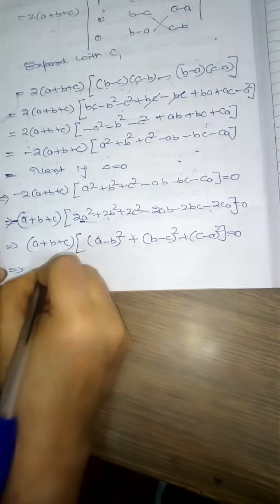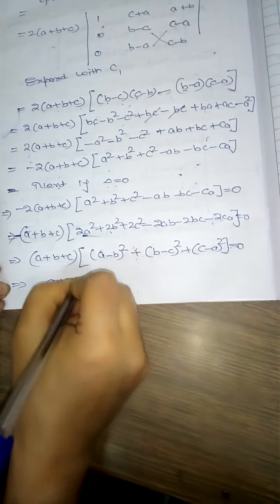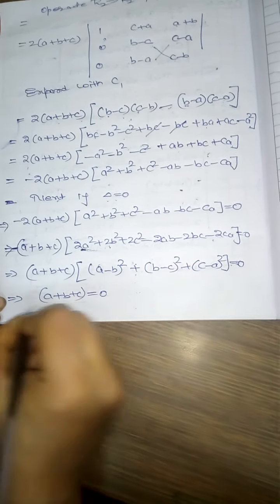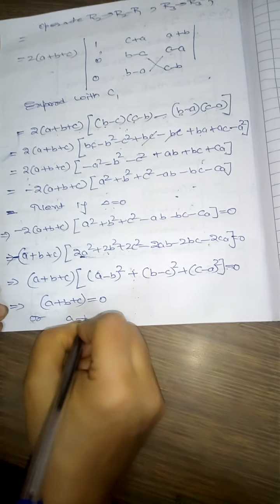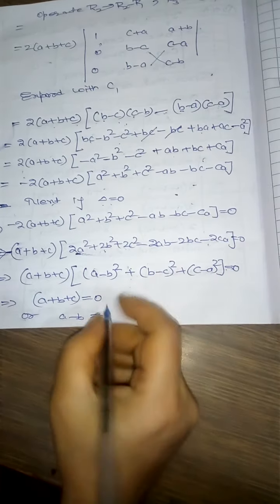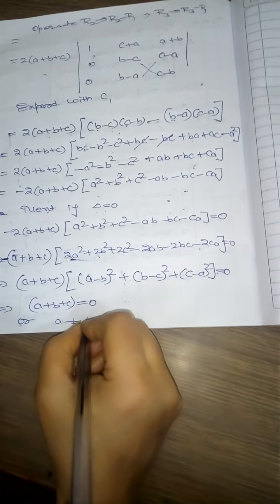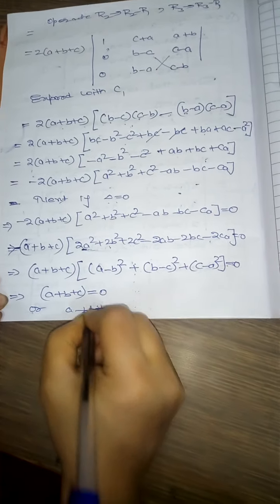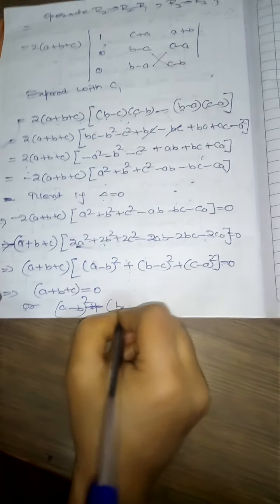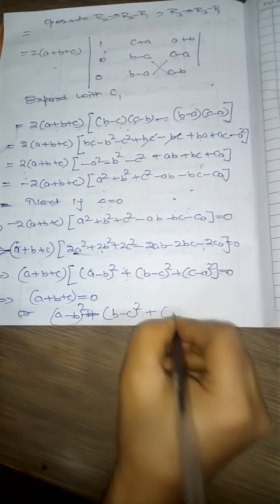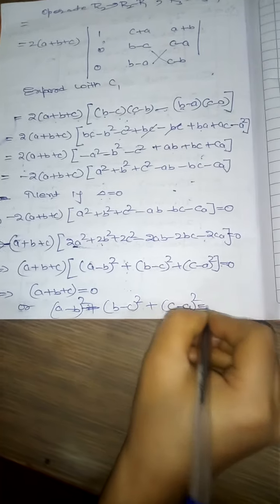Now it means either A plus B plus C equal to 0, or A minus B whole square plus B minus C whole square plus C minus A whole square equal to 0.